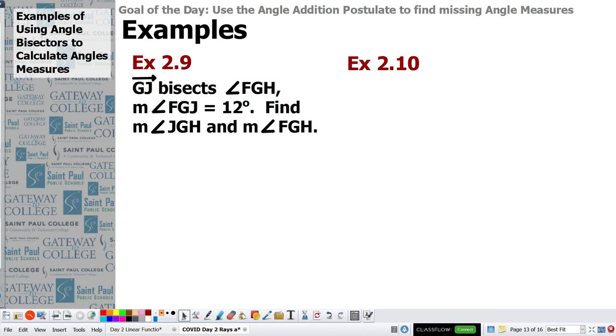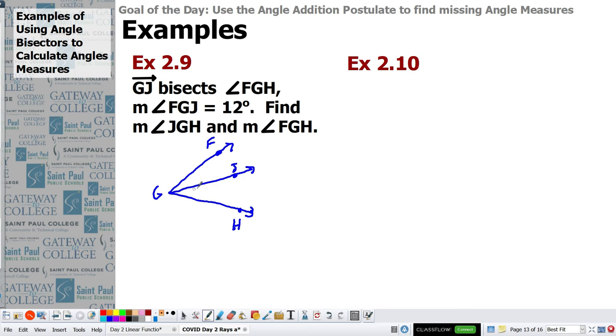All right, so GJ bisects angle FGH. Okay, let's start with drawing that. So first, again, I always start by drawing the angle. So we have angle FGH and GJ is an angle bisector.